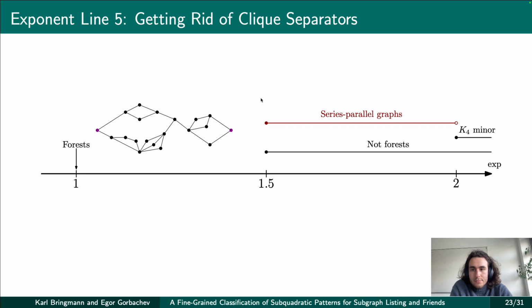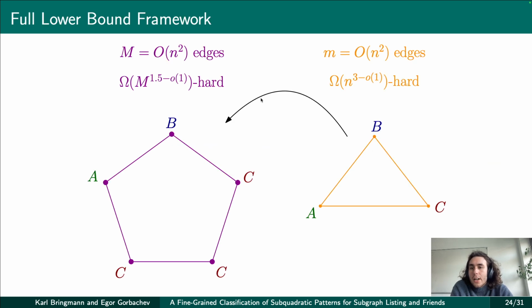To do that, we need to formulate the full power of our lower bound framework that we use. Recall how we embedded a triangle into a clique of length 5, into a cycle of length 5. Here, we just repeated the same part C multiple times.